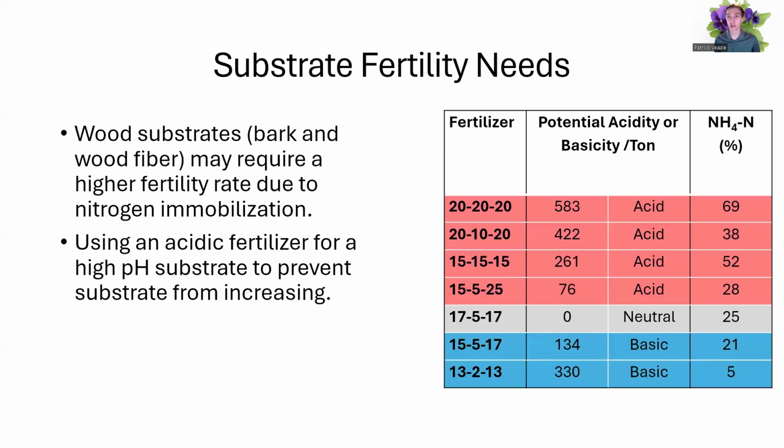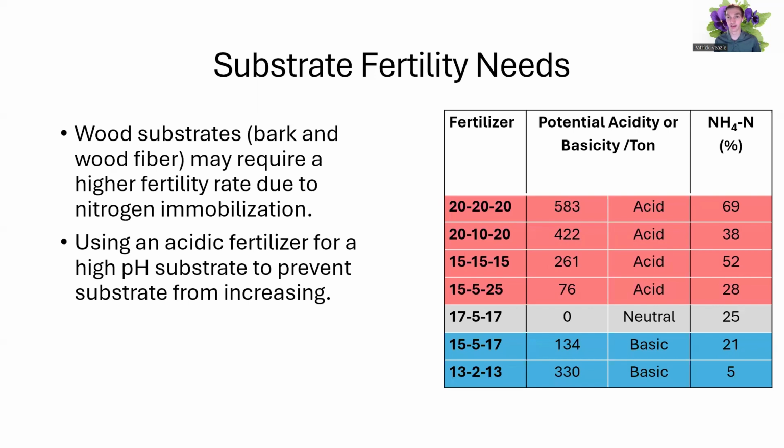Now, what are the needs of your substrate in terms of fertilizer? A wood substrate with bark or wood fiber may require an increase of nitrogen fertility rate to get the same amount of growth as you would see with a peat perlite blend. Using an acidic fertilizer to prevent high pH substrates from that pH increasing, especially with iron inefficient plants such as a petunia, can be very important.